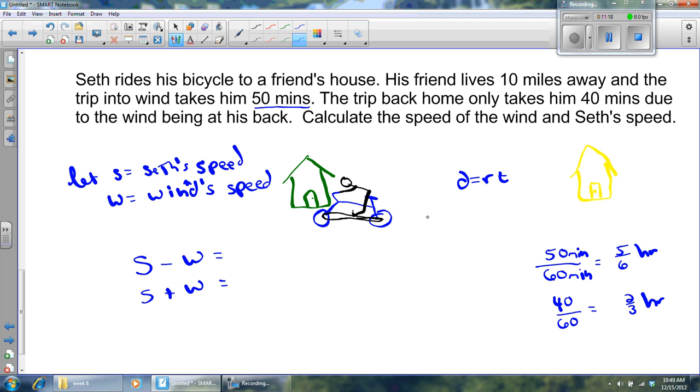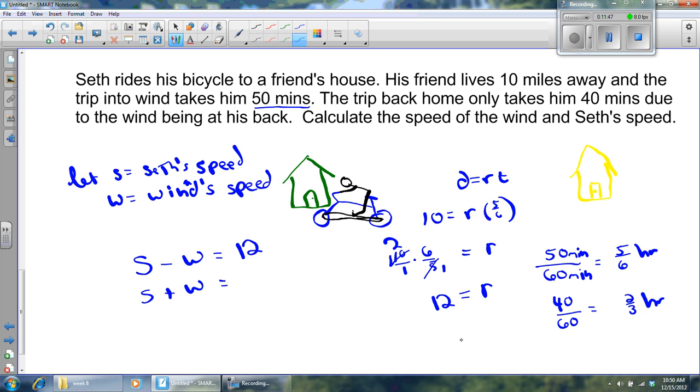So I put my 10 miles in, my rate is what I'm looking for, and then I have 5/6. So when I solve for R, I'm going to have 10 over 1 times 6 over 5, which R is going to equal 12, right? 1 there, 2 there, there you go. So the first one is 12, okay?